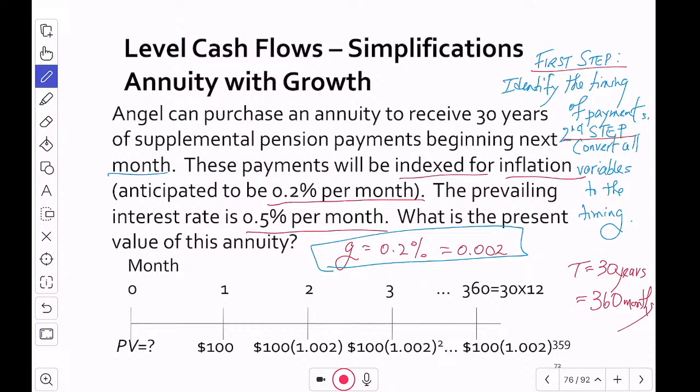So you have to get in your head the difference between all these rates, right? In the last problems with bonds, you had a coupon rate and an interest rate, and you need to know the difference. In this problem we're talking about an annuity where the payments grow.